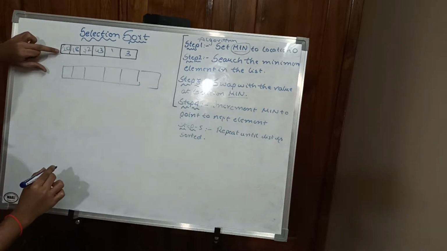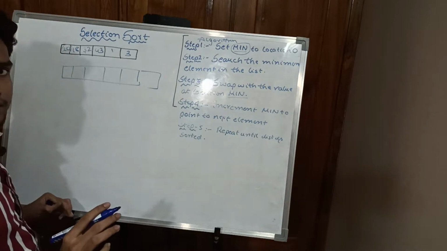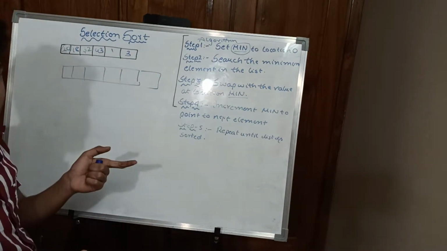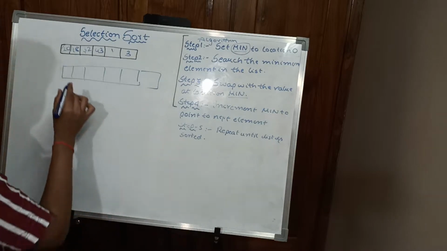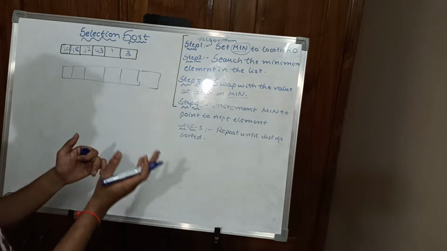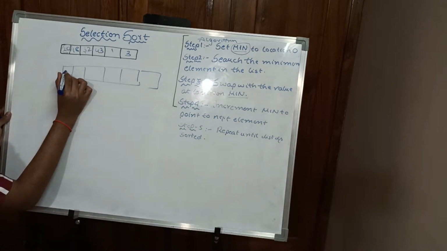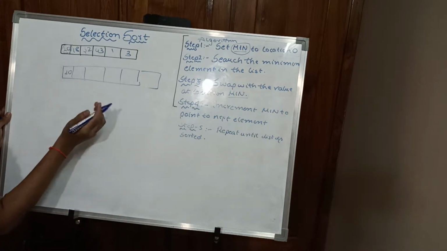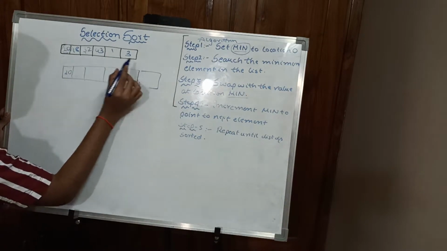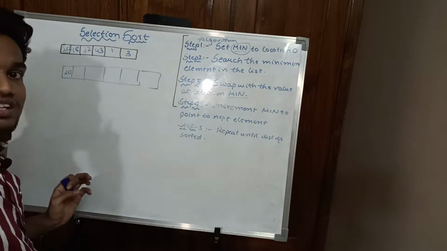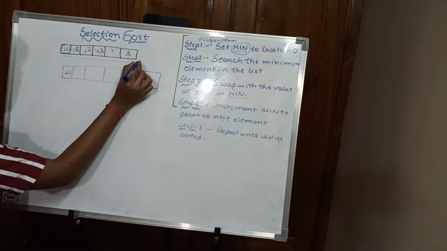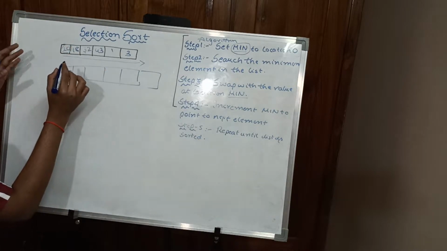Now consider this 20 as the minimum element. Keep it constant and don't change it anywhere. We will change it when swapping is required. Now check for any element in the array which has the least value. We will go towards the right, as I have taken the left-hand first element.